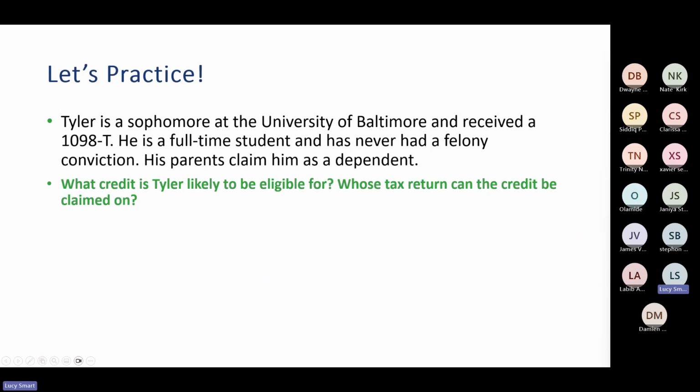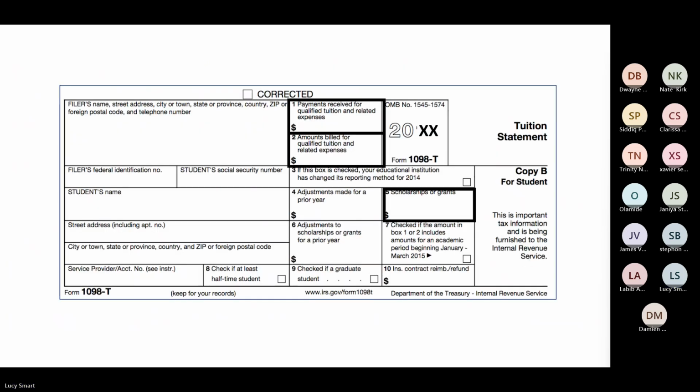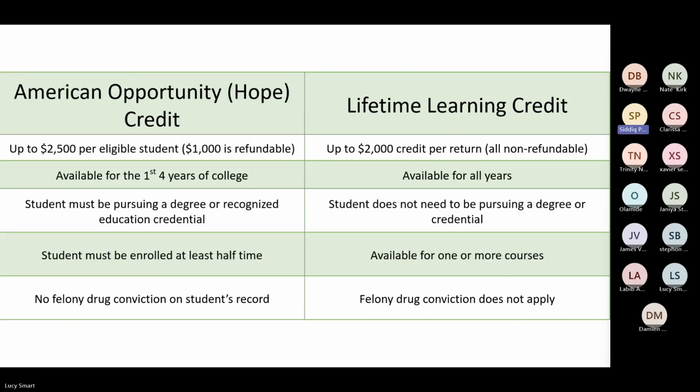Here's our eligibility, just as a reminder. All right, James says AOC, which is American Opportunity Credit. Perfect, James, that is correct. Tyler's parents can claim the American Opportunity Credit on their tax return.